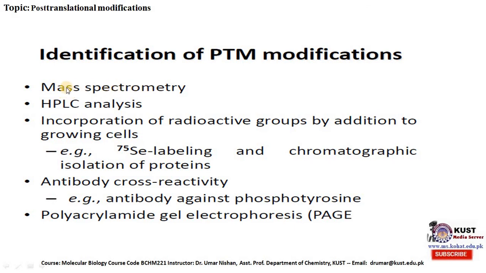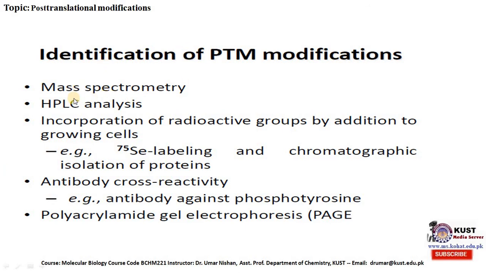Mass spectrometry tells us about the mass of protein. So if we want to know about any post-translational modification that has happened to a polypeptide, we can use mass spectrometry, and there it will tell us about the change in the mass of the polypeptide.